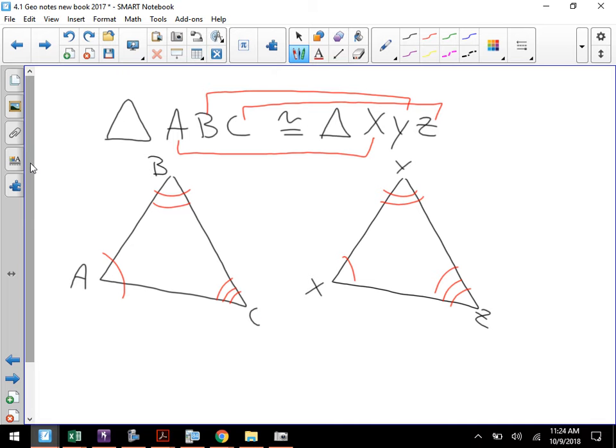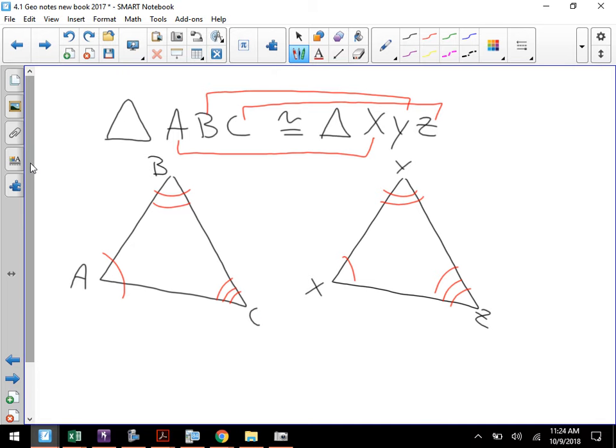Segment AB, 2 vertices in a row, those are the endpoints. That's your segment. Segment AB has to match which segment? First 2 letters. BC has to match YZ, second 2 letters. CA, ending, beginning. CX, ending, beginning.